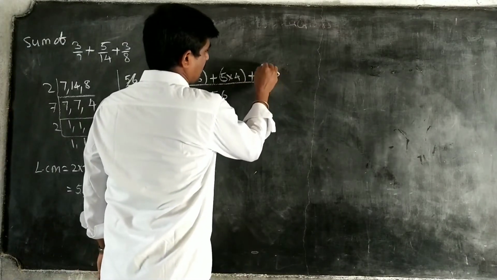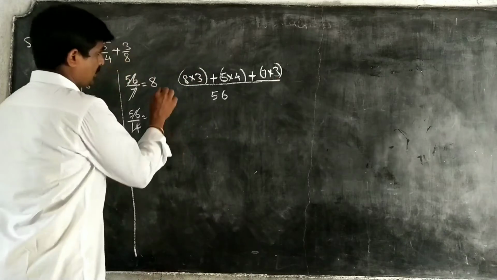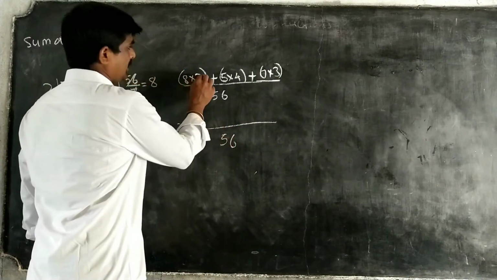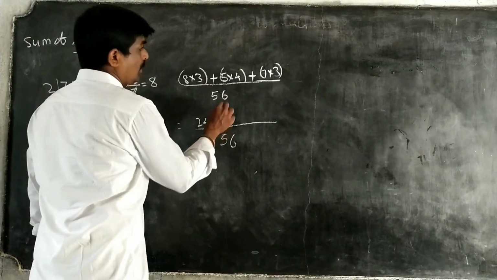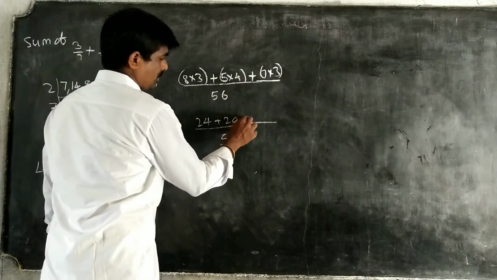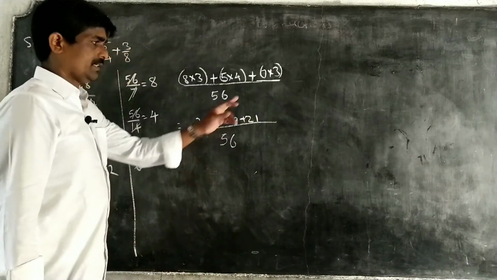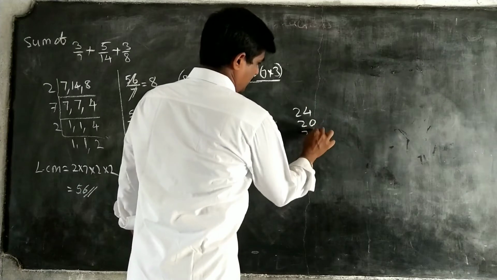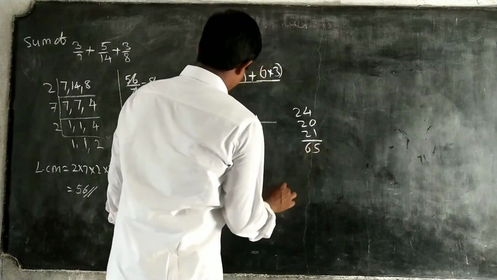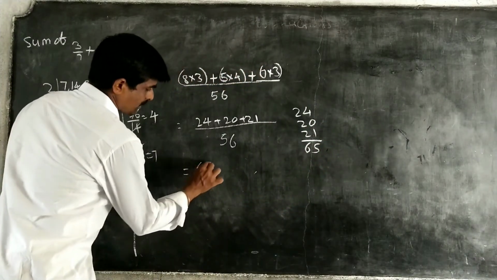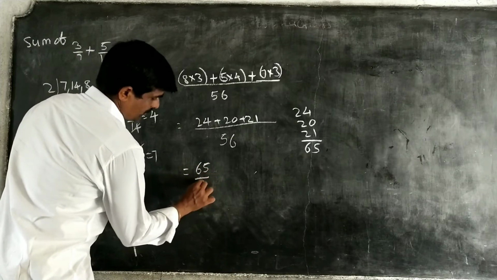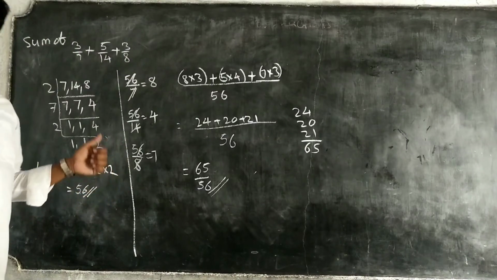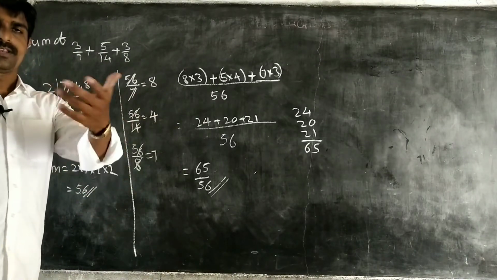That is equal to 56. 8 3s are 24, 5 4s are 20, 7 3s are 21. Now we add 24 plus 20 plus 21. That is equal to 65 by 56. This is for addition of fractions. Okay. Next we are going for the other problem.